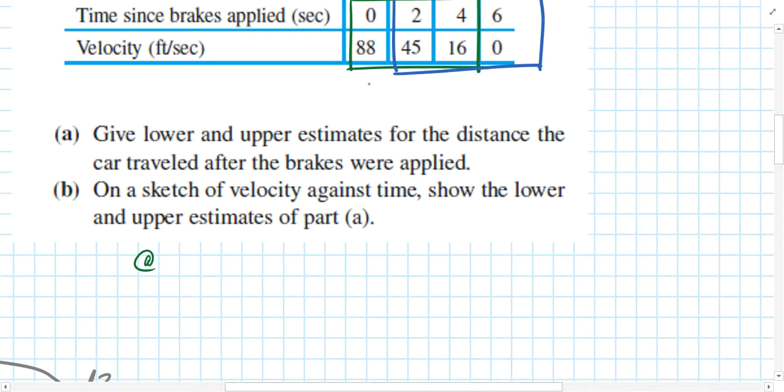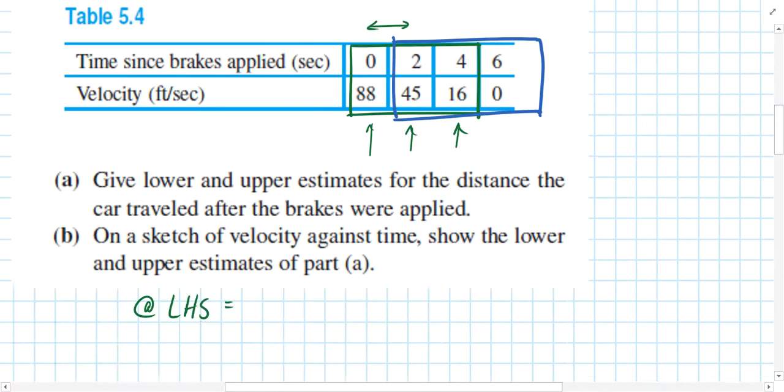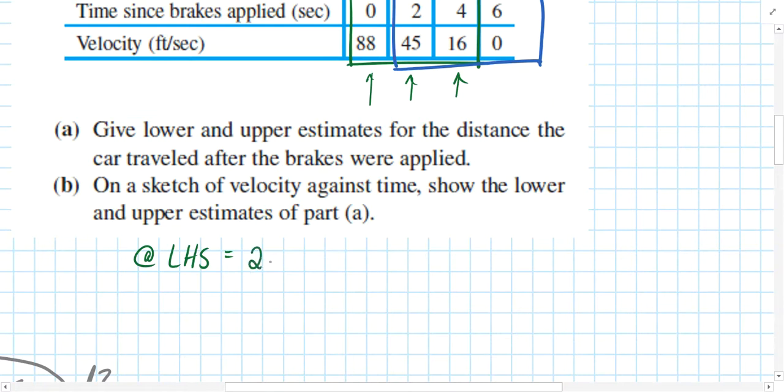So for the left-hand sum, we can use 1, 2, 3 of the 4 elements, and it looks like our delta x, the width in the x values, is 2, and that's consistent, so that's nice to see. So we've got a width of 2 times y values of 88, 45, and 16.